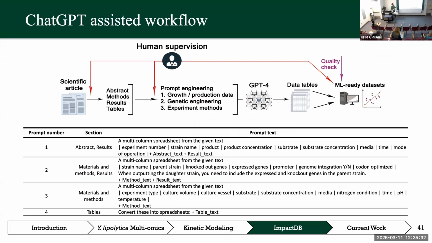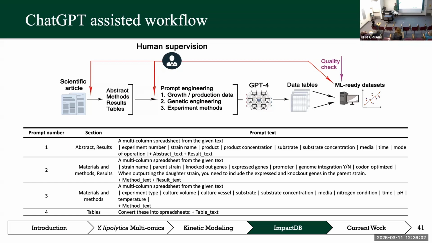So this was an early approach from 2023, and these are the exact prompts that we used. We asked the AI agent to make the multi-column spreadsheet and gave the name of the columns, and then added the abstract and result text. A key missing thing from this is the figures. Only the text portion was included in this.